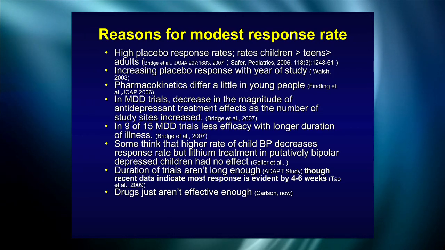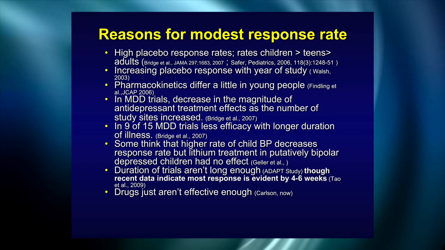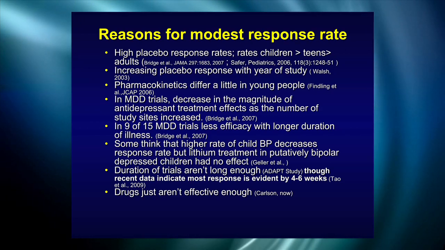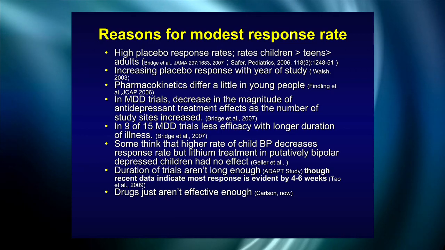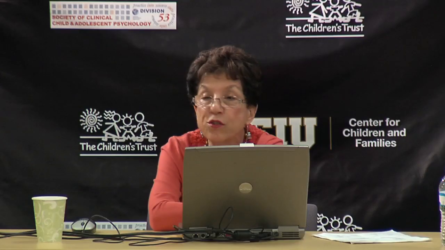Personally, I think that's a lot of Monday morning quarterbacking. I don't think there's any validity to that, and there's been one study that looks at it and said, no, that's not the reason either. Some say that the duration of trials isn't long enough, though recent data says that you start to get a response by 4 to 6 weeks, so that's not the reason. My personal opinion is the drugs we have are simply not effective enough, and that's what you heard from me yesterday, and it's what you're going to hear from me today.